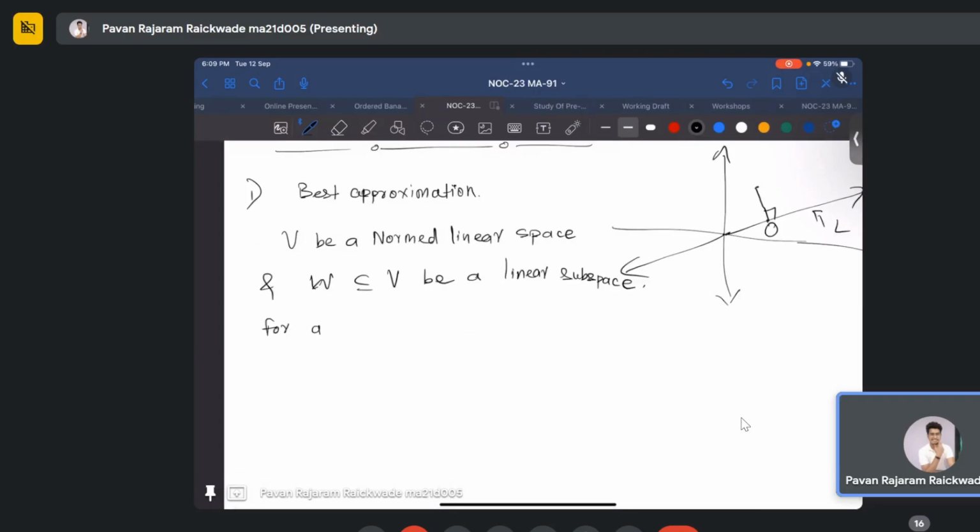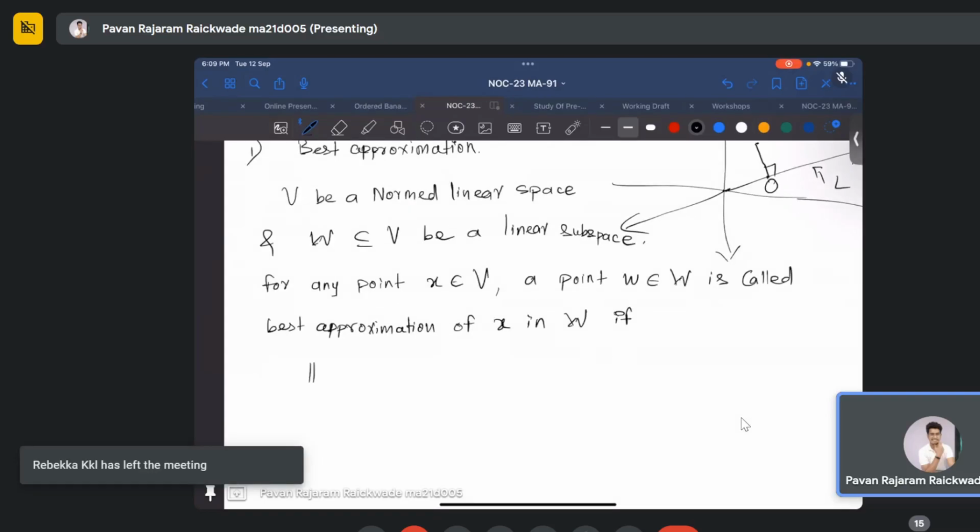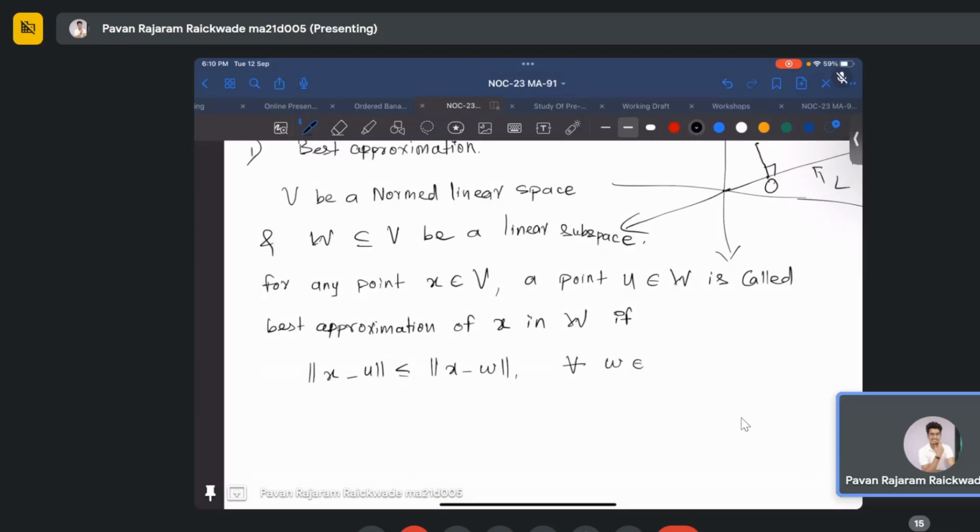For any point x belongs to V, a point u in W is called a best approximation of x in W if norm of x minus u is less than or equal to norm of x minus w for all w belongs to W.